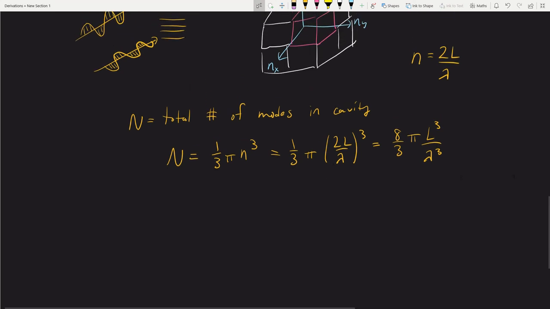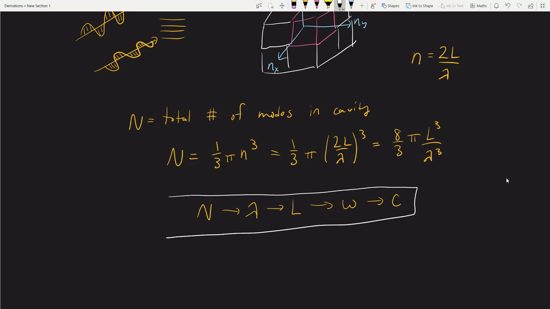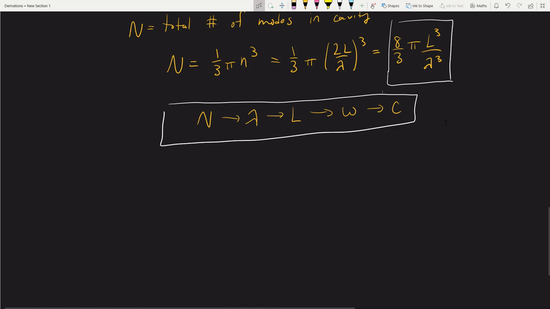We discussed in the beginning that we assumed there was some relationship between the number of modes in the cavity, the wavelength, the length, and furthermore the frequency and the speed. These quantities are all related in this type of problem. This is another big step. Now that we have the total number of modes, which on its own is not super useful, what they did at the time is they used the equipartition theory.